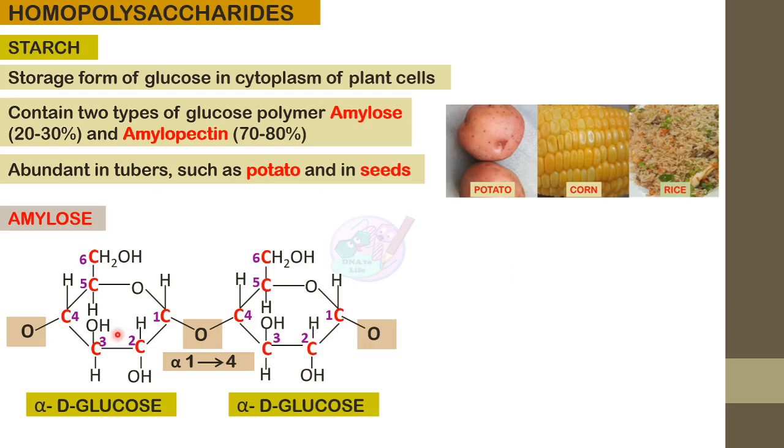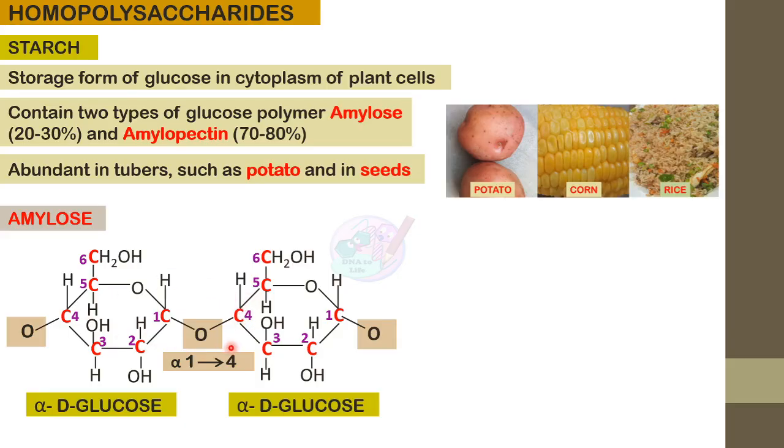So this is the structure of amylose. Here alpha D-glucose units are linked together with alpha 1,4 glycosidic linkage. Why alpha 1,4? The carbon involved in bonding is the first carbon, which is the anomeric carbon, and on this anomeric carbon this OH is down the plane, meaning this is an alpha sugar, and this is linked with the fourth carbon of the second sugar.